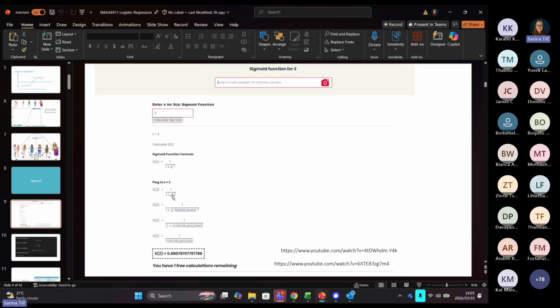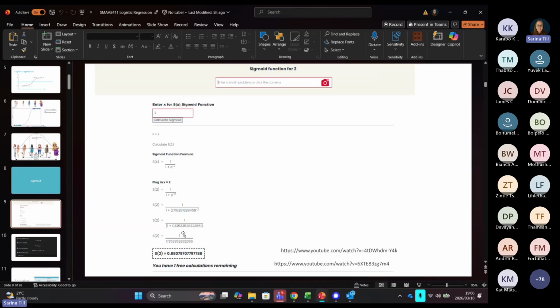What's that e? Well, that's Euler's number, and 2.718 is always Euler's number. So we're going to put in 1 plus Euler's number to the exponent of negative 2.